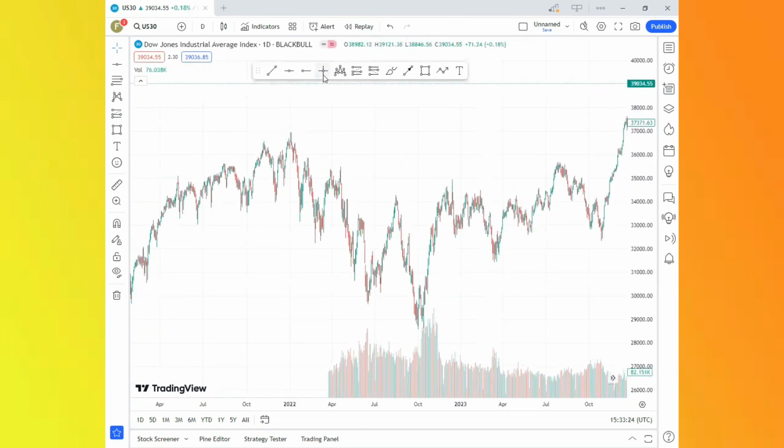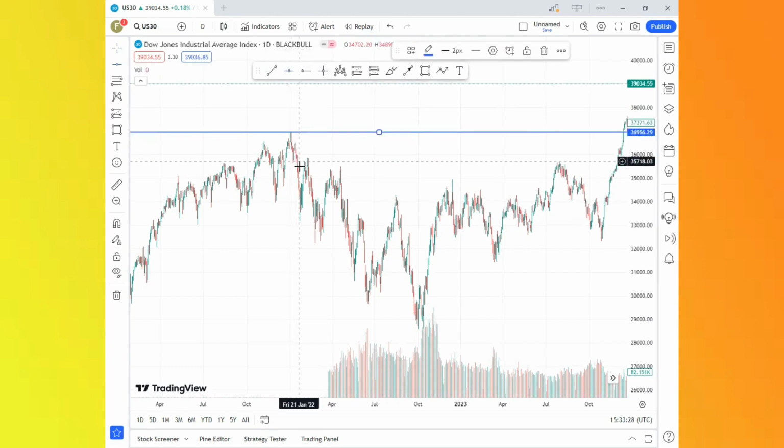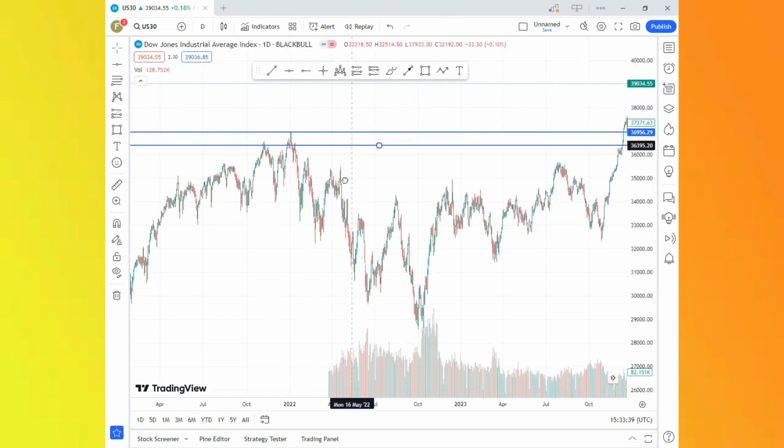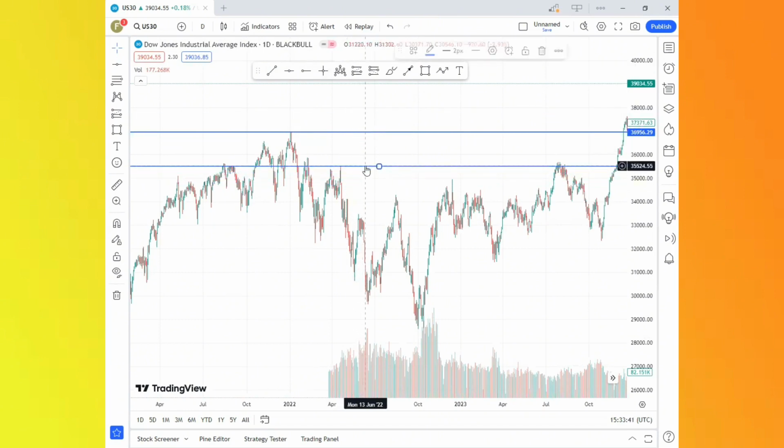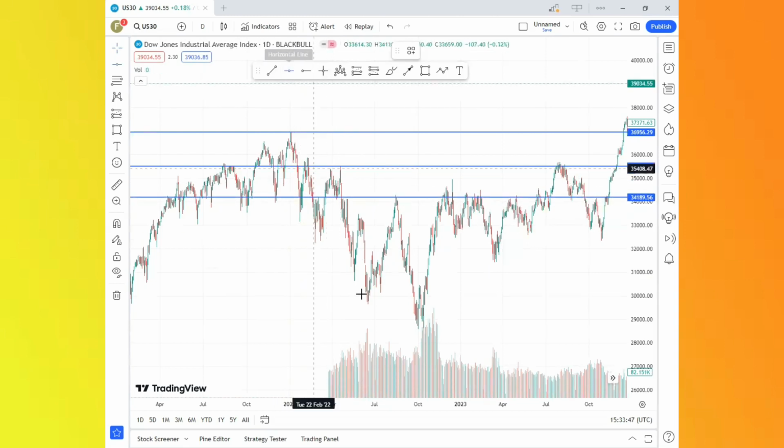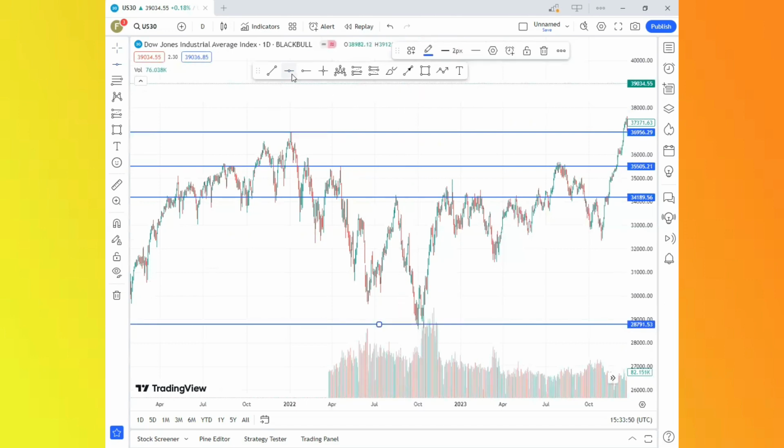I can see that we have this top here, another top here, another top here, and a bottom, and top, bottom here, the bottom here, and the bottom here.